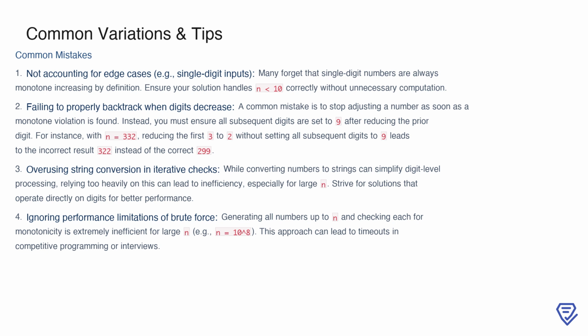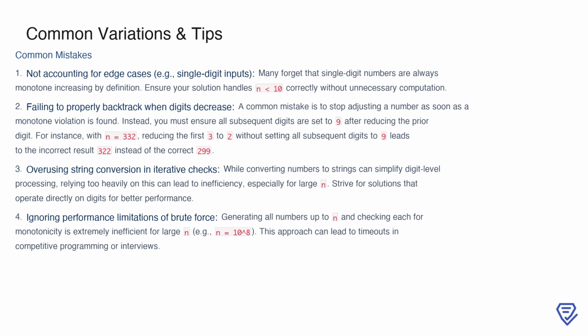When solving the monotone increasing digits problem, there are several common mistakes to watch out for. First, it's important to account for edge cases like single-digit inputs. A number less than 10 is inherently monotone increasing, so your solution should handle these without performing unnecessary calculations. Next, a critical error arises when failing to properly backtrack after encountering a decreasing digit.